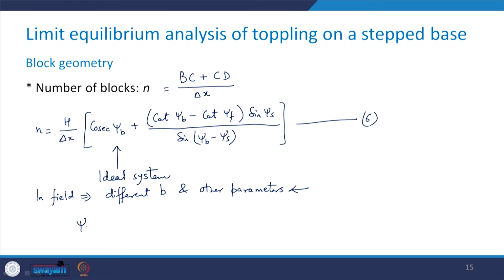Now, this psi b can be taken approximately as psi p plus 10 degrees to psi p plus 30 degrees. I am marking this as equation number 7.